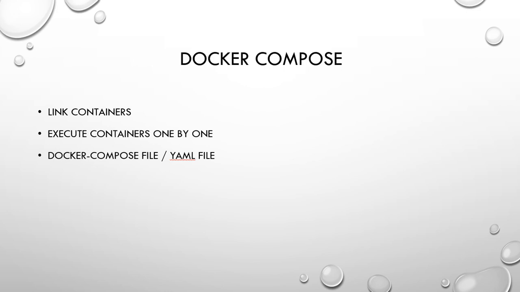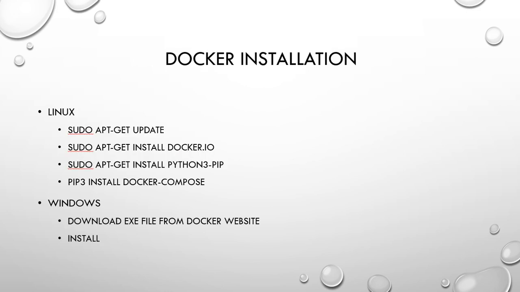With the help of this file, we run only one command, and all the containers are linked with one another and executed at once with a single command. So that was about the Docker compose file.